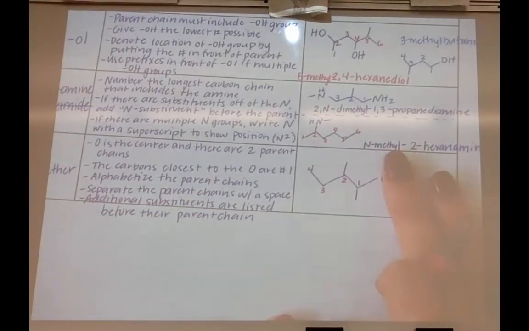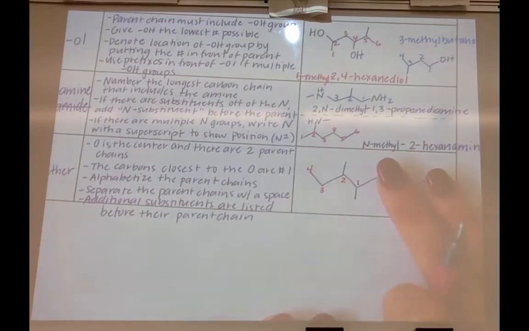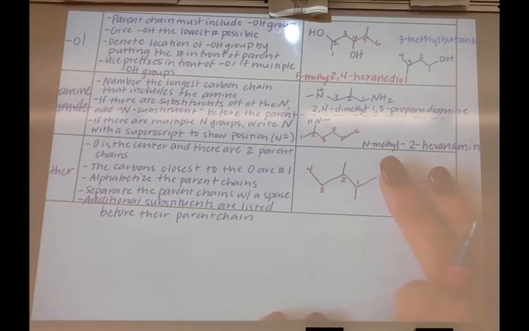Let's ignore this oxygen, act like it's not here, but use my numbers that I put there. So just looking at what I have right now, how would we name this? Okay, 1,2-dimethylbutane. The only difference is that you drop the ANE and make it YL like it's a substituent.